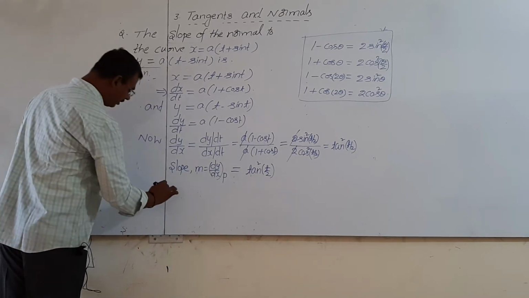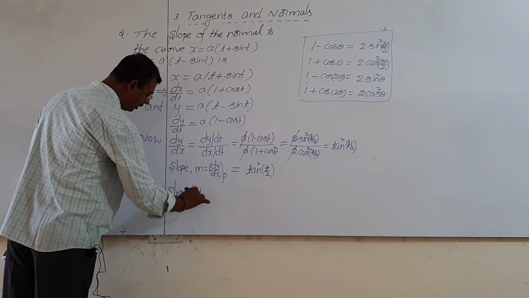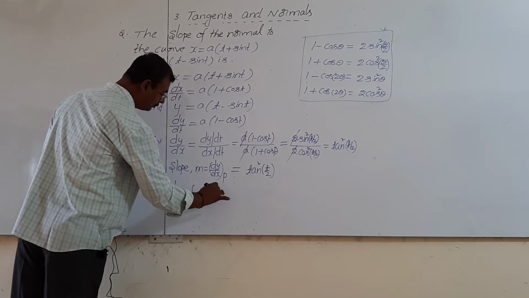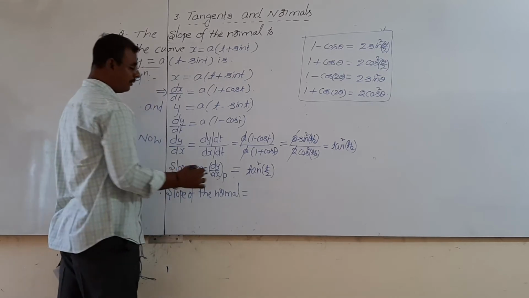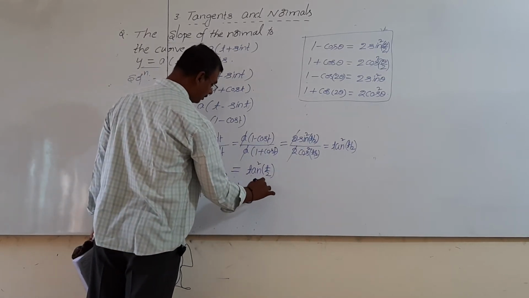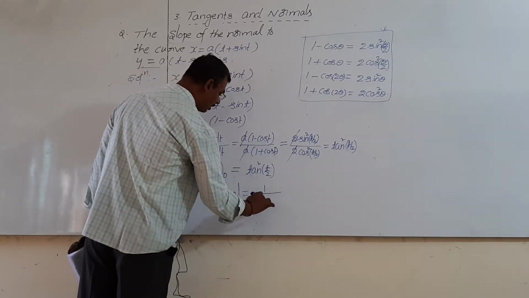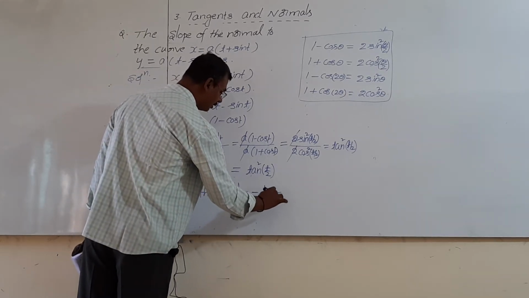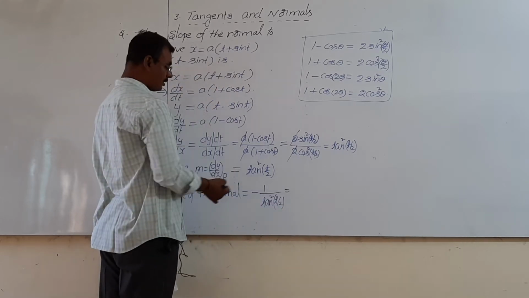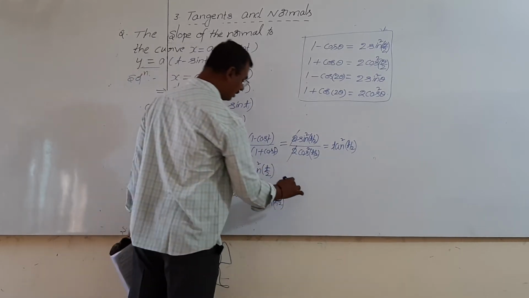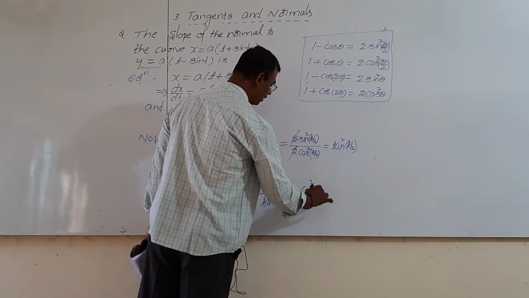Slope of the normal we want. Slope of the normal is equal to, we know the formula, minus 1 upon tan square t by 2. This equals minus cot square of t by 2.